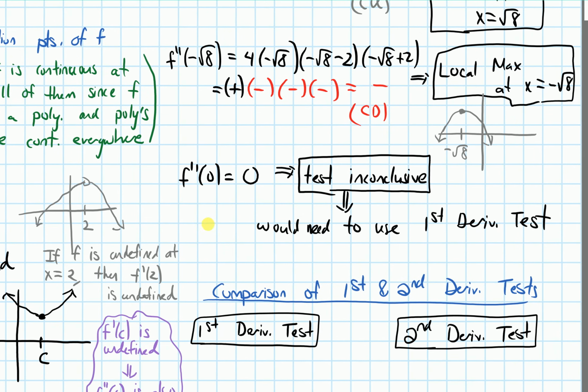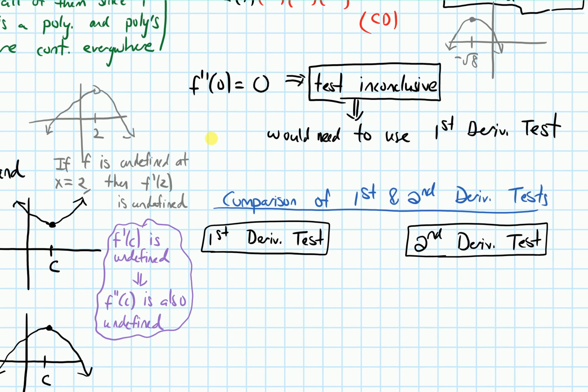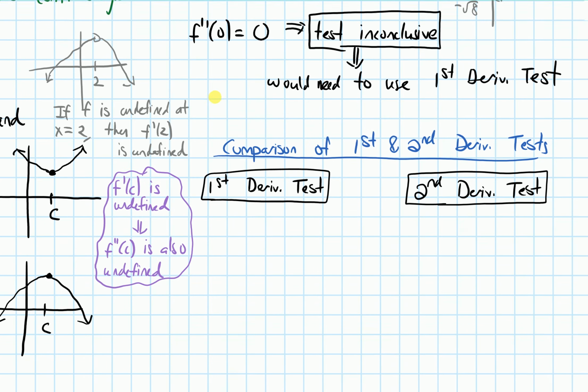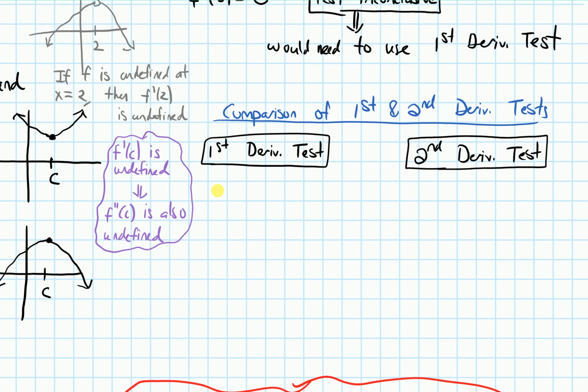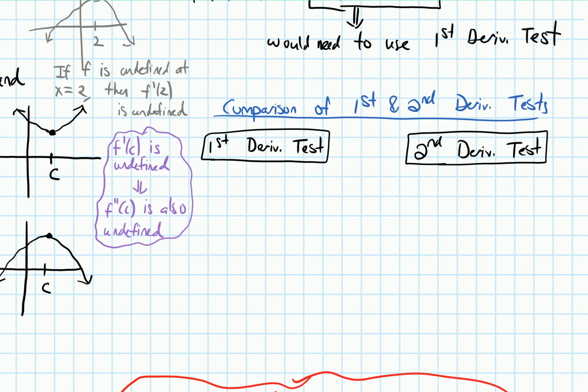Okay, so I'm going to end this video with just a comparison of the two tests that we have. First derivative test and second derivative test for checking for local mins and local maxes. With the first derivative test, the key positive is that it always works. There's no situation where you're going to run into an inconclusive case like you do with the second derivative test. And that's the main drawback or negative of the second derivative test.